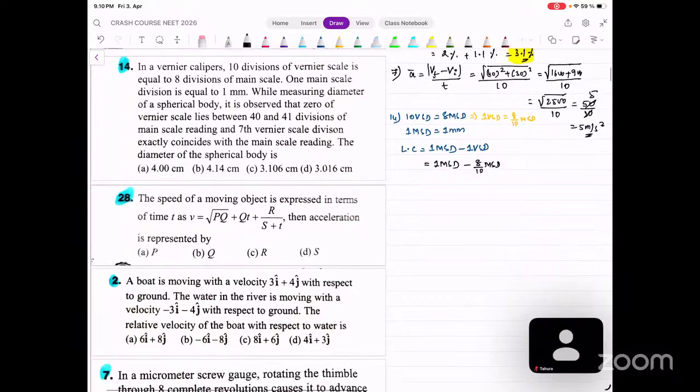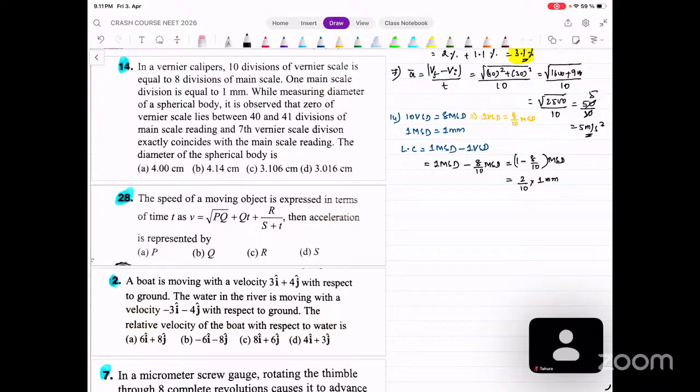Taking MSD common, it is 1 minus 8 divided by 10 main scale division. तो ये कितना हो जाएगा बेटा. 10 minus 8 is 2, 2 divided by 10 into 1 MSD. 1 MSD is equal to 1 mm.